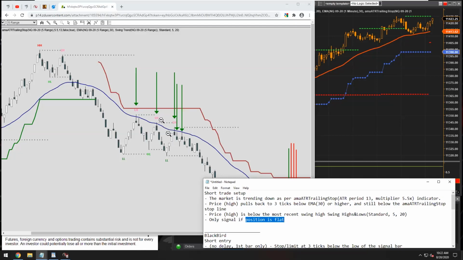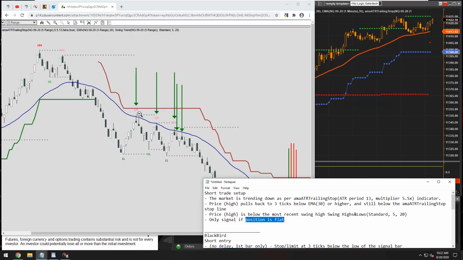So in other words, in this screenshot you can see that we have arrows pointing out 5 different signals, right? So if the first signal opens a position and the trade is still open, in other words, you're not flat, you have a short position on, and if another signal comes in, our Raven and Blackbird will ignore those additional signals.